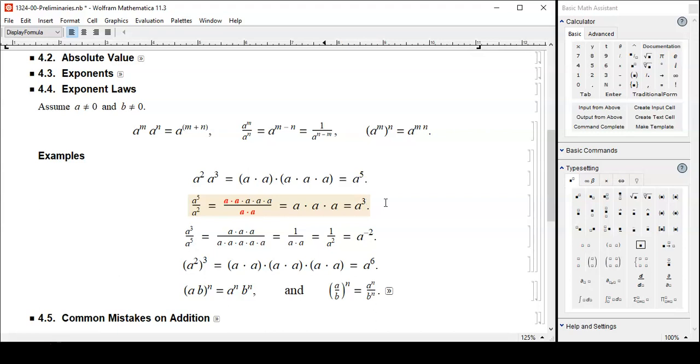So we have 7 minus 3, we have 4th power, and so on and so forth. Now, if the denominator has more a's, then after canceling all those out, we have leftovers in the denominator. So we get negative power, but that's the same as just straight ahead subtraction.